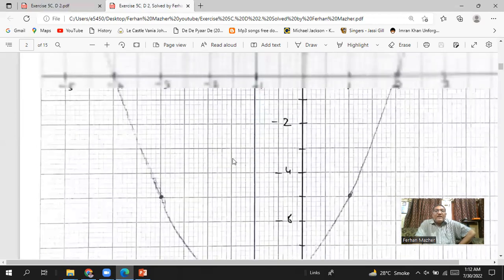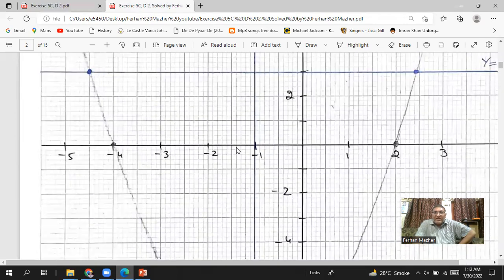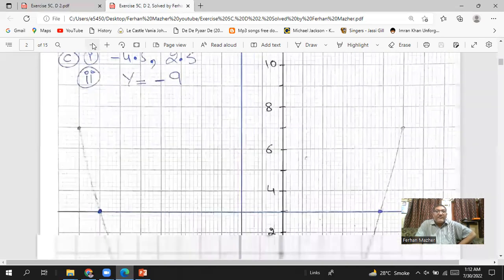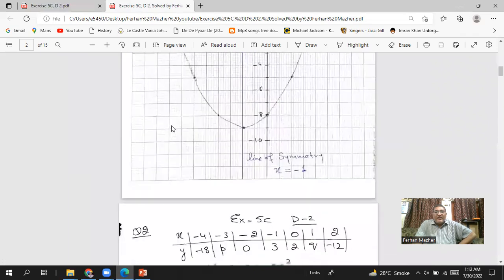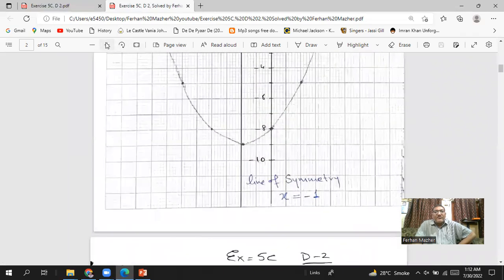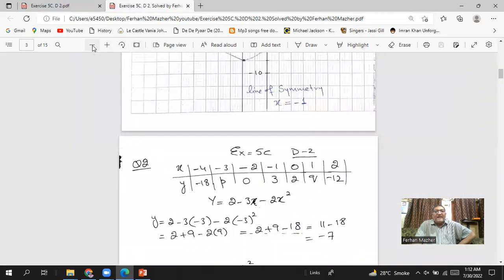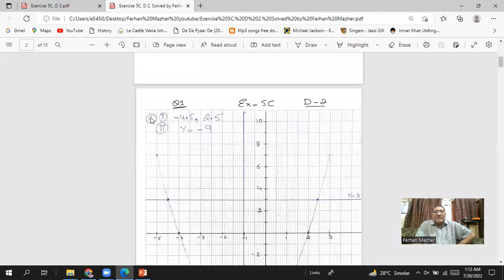So this value is -1, x equals -1. So the equation of this line of symmetry is, here we have that equation. I can show you, x equals -1. So hopefully you understand. So this is how this question is done.